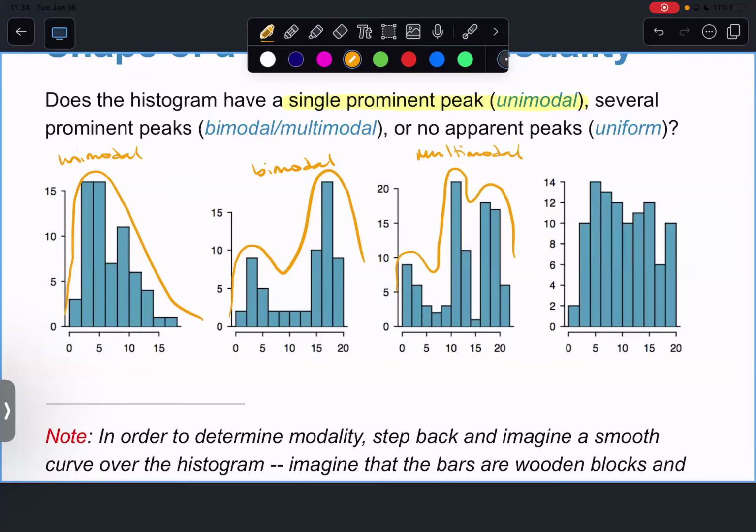And then here, if I drop my spaghetti, it's kind of a stretch, but if I squint, I get this uniform distribution. There are no prominent peaks or anything like that. And so I'm going to call this a uniform distribution.